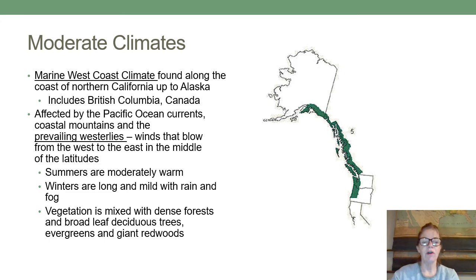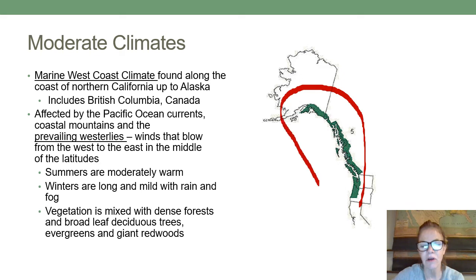Okay, another area of moderate climates. This area right here is along the Pacific Northwest. Some people say that it extends down into Northern California, but it moves up along the coast of Canada and up into Alaska as well. So this is a moderate climate because it's impacted by the westerlies, right?